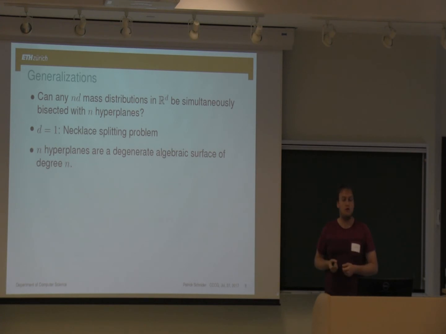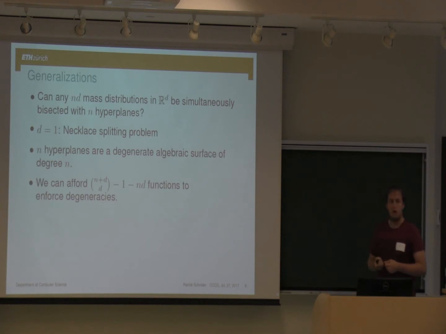Well, one approach to prove this would be to see that n hyperplanes are just a very, very degenerate algebraic surface of degree n. And actually, by this polynomial Ham-Sandwich theorem, we have quite a lot of freedom to enforce these degeneracies.